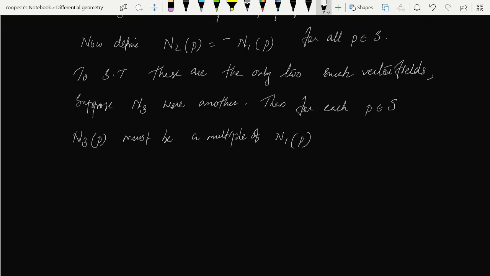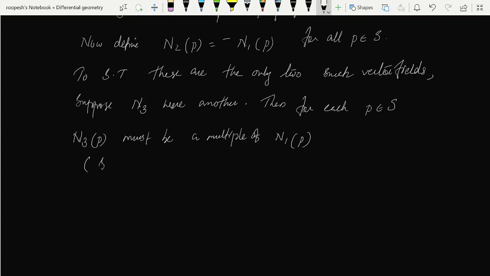What is the reason? Since we know that the normal space has been spanned by del f of p, so that is a one-dimensional space. So n3 of p also belongs to the one-dimensional space. So it should be a multiple of del f of p. That means it's a multiple of n1 of p also.